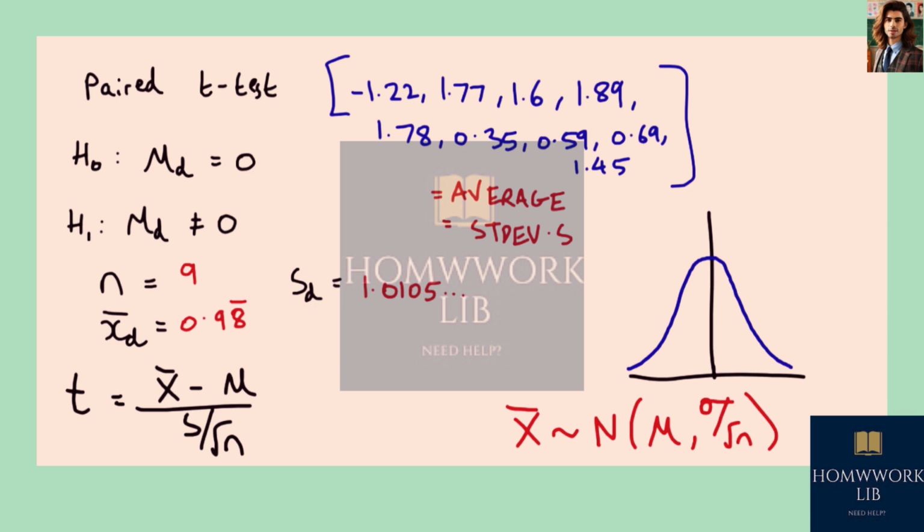Okay, so let me just get this. So we've got s over 3 and 0.98 recurring on the numerator is 2.936 to 3 decimal places. Okay, so there's our test statistic.